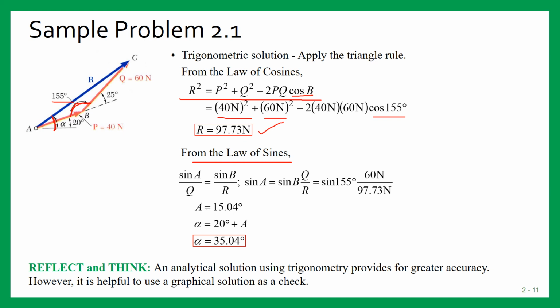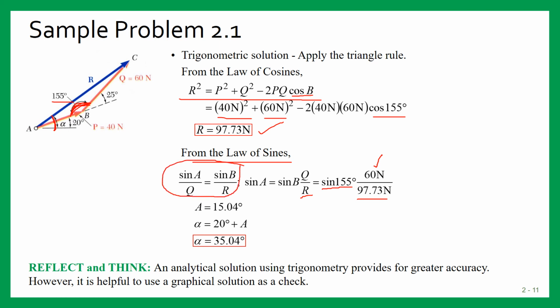The law of sines is: sine A by Q is equal to sine B by R. Sine B is for 155 degrees that you have just calculated. Q is 60 Newton, we already know this. And R we have just calculated, 97.73.